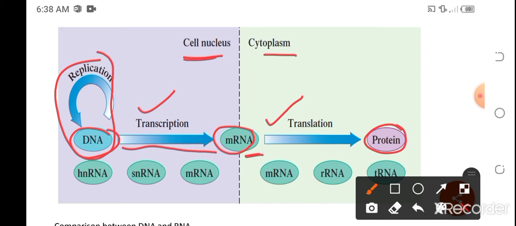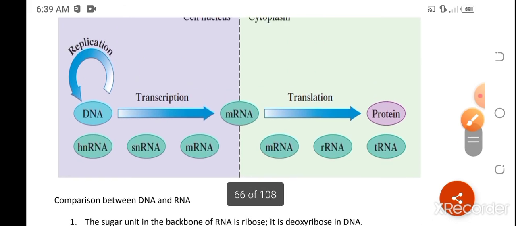So we start with replication, but the main part of protein synthesis is transcription and translation. So, laging tatandaan, transcription, see first before the translation. And there are many RNA involved in this process.